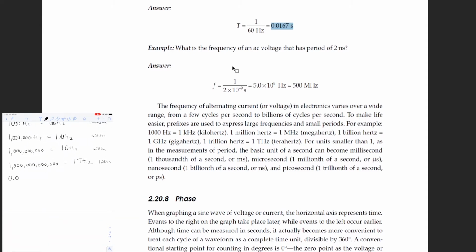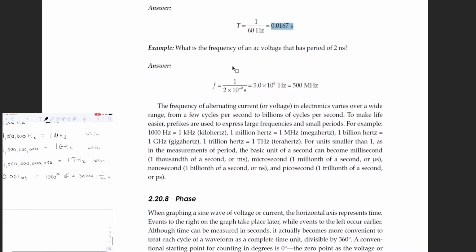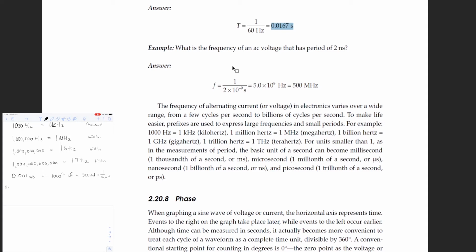A millisecond is 0.001, equal to 1,000th of a second, or another way of saying that is one over 1,000 seconds. The basic unit of a second can become milliseconds, or ms. Microsecond, which is 1 millionth of a second.